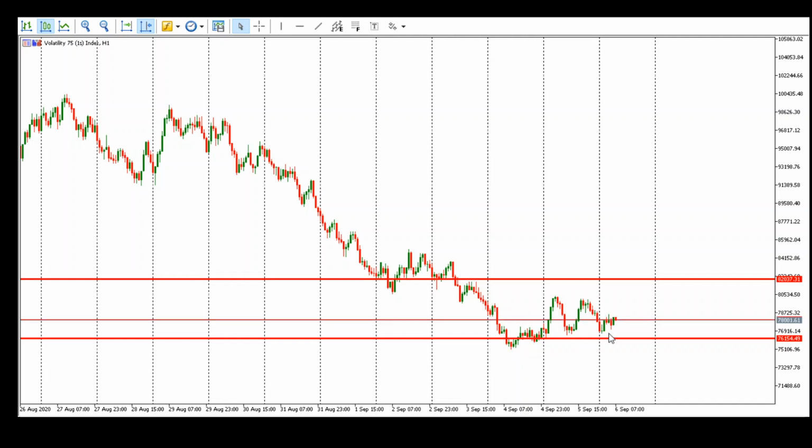If someone is buying here and puts the stop loss here, know that you put your stop loss in a place where there is liquidity. It means you put your stop loss inside a buffer zone.